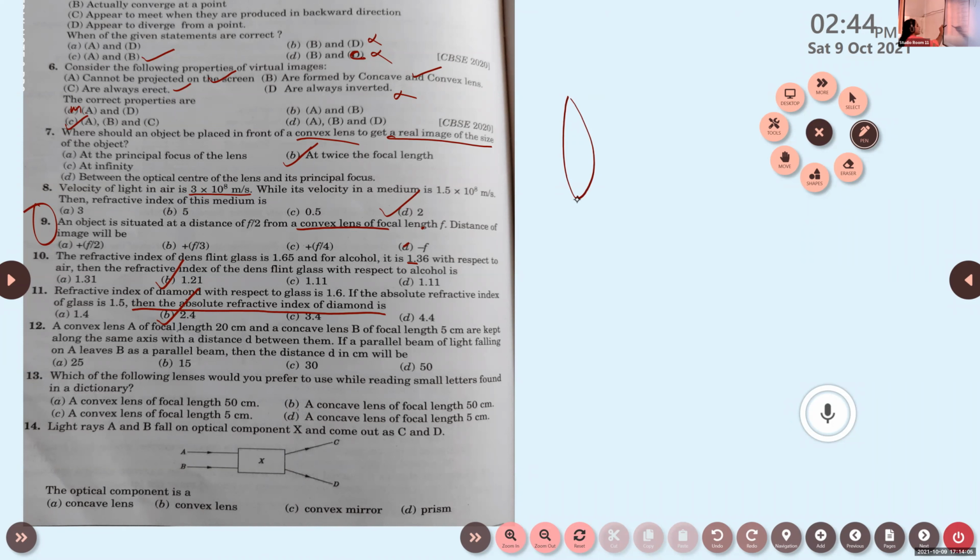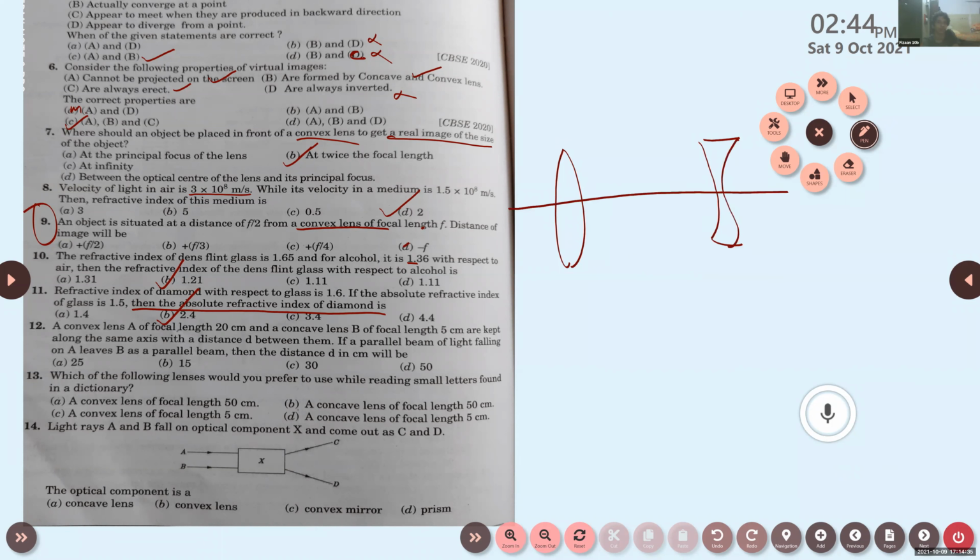A convex lens A of focal length, the focal length of the convex lens is 20 centimeter. It is placed in one line. And the concave lens of focal length 5 centimeter is kept along the same axis. Both the concave lens and convex lens are placed on the same axis. So here we have a convex lens and here we have a concave lens.